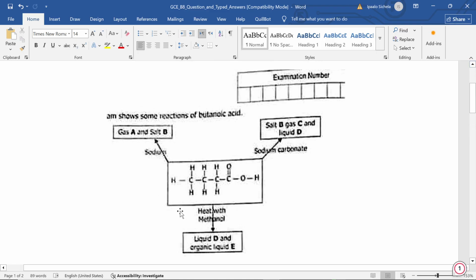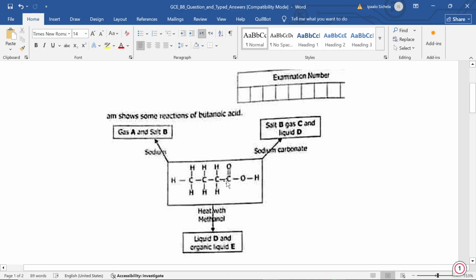This is butanoic acid being reacted with methanol. Methanol is an alcohol. All alcohols end with ano. So methanol is reacting with butanoic acid, which is a carboxylic acid. When a carboxylic acid and an alcohol react, what is formed is an ester and water.